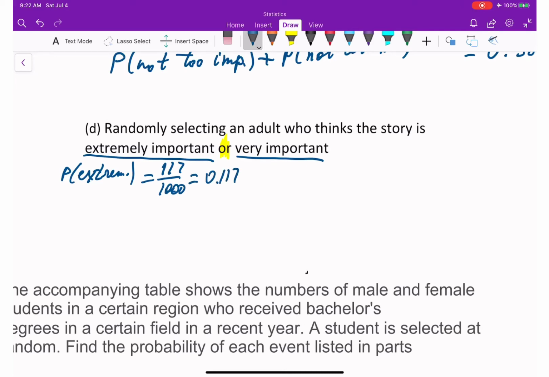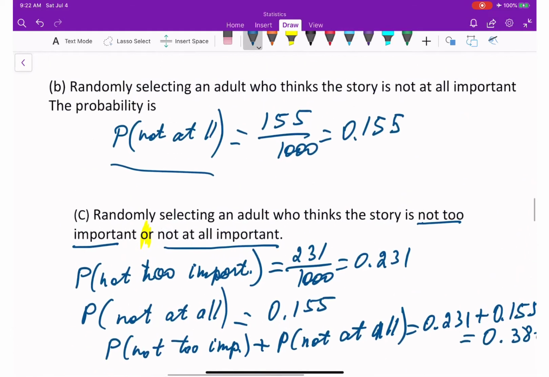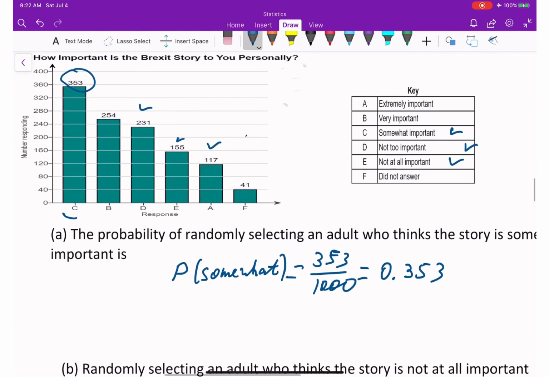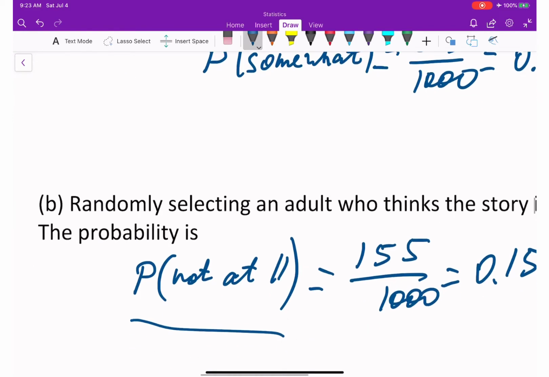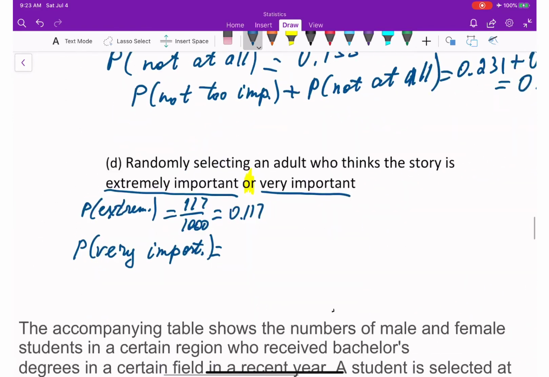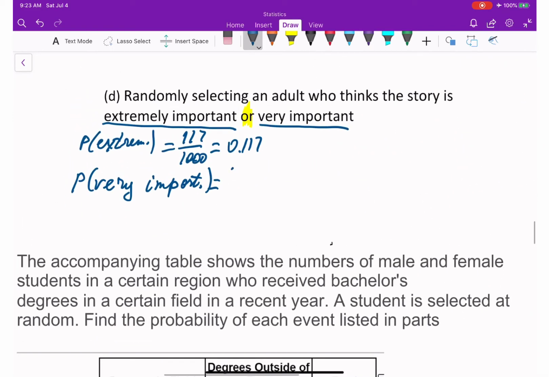0.117, and the probability of very important. Let's see how much our very important is. Here it is, it's B, which is 254. We got it. 254 over 1000, which is equal to 0.254.